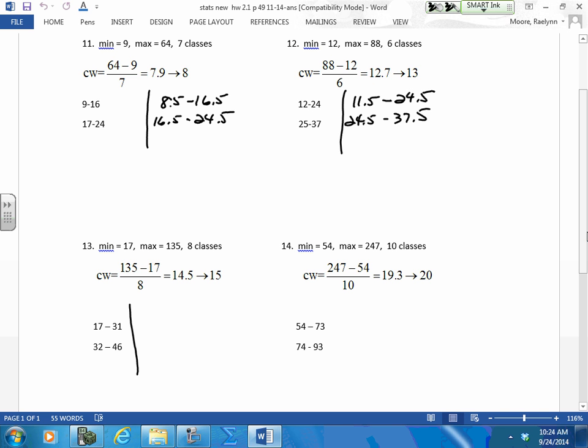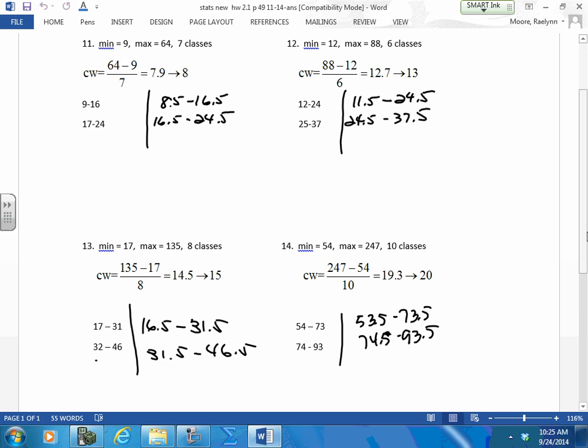So do it for me now. Guys, 16.5, 31.5. Good. Here, Julia, how about this one? Okay, very good. Everybody getting the pattern here?